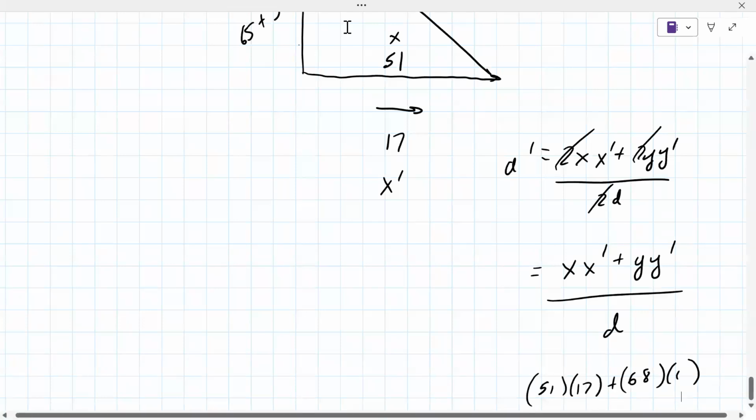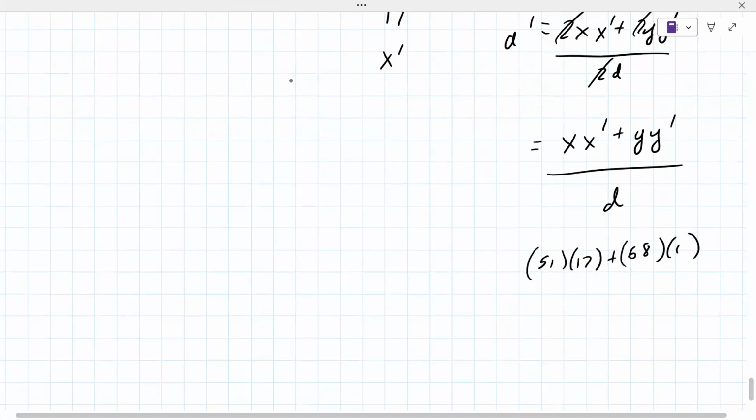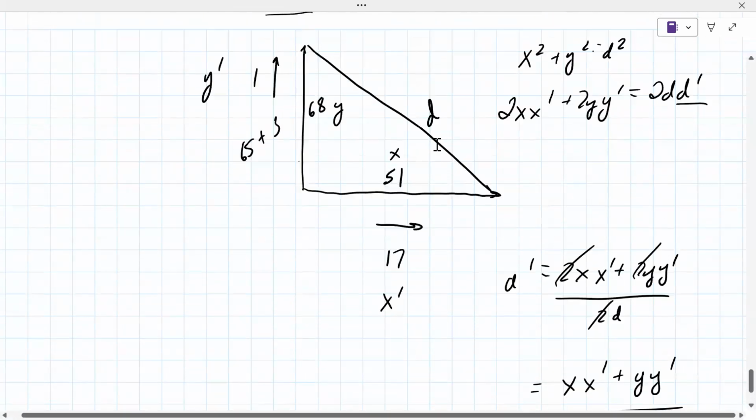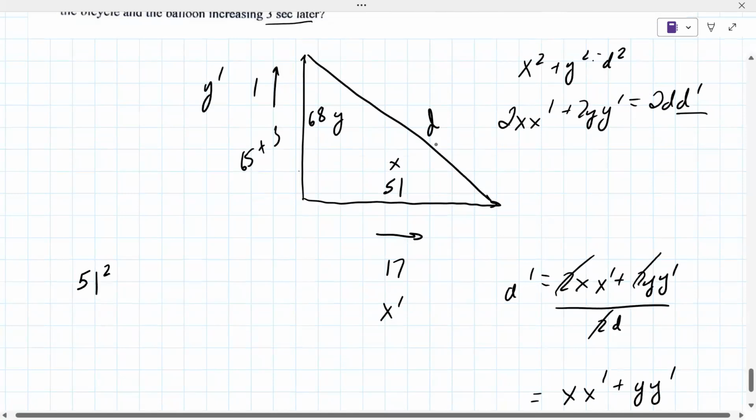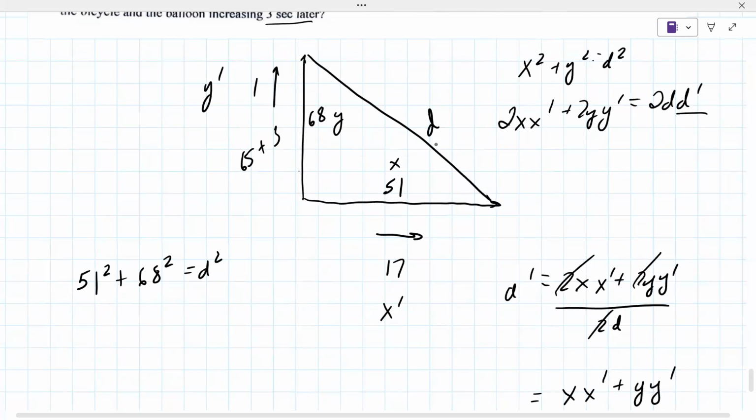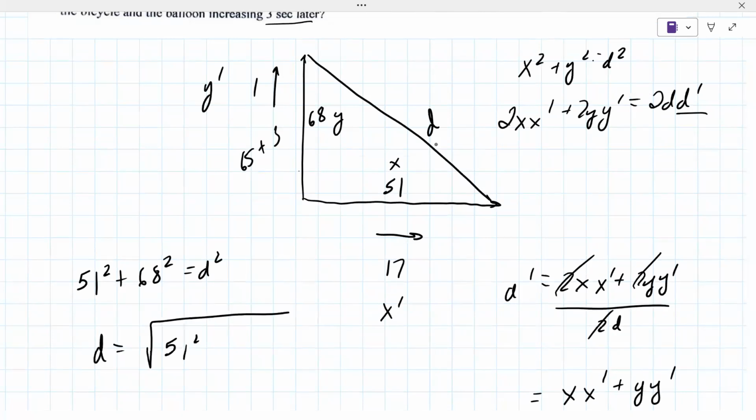And then to get d, we don't have d, but d is the hypotenuse. So we know that 51 squared plus 68 squared equals d squared, and so your d is the square root of that.